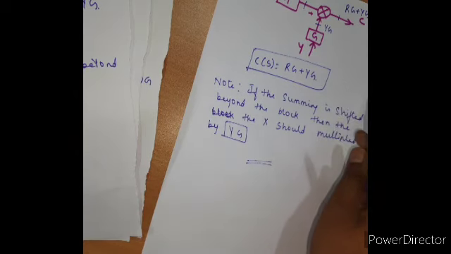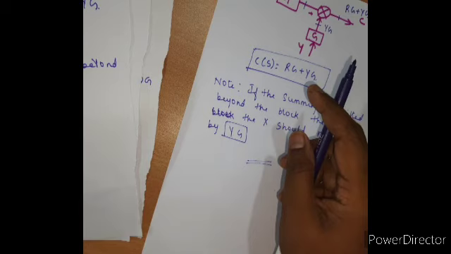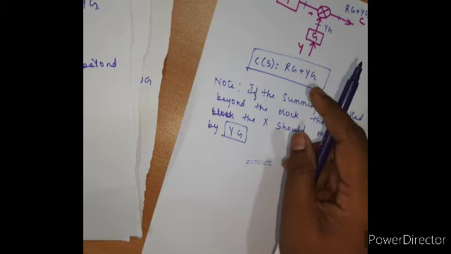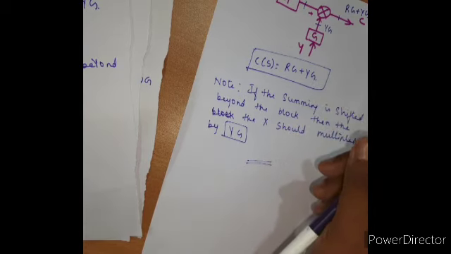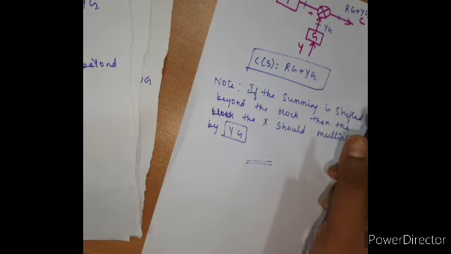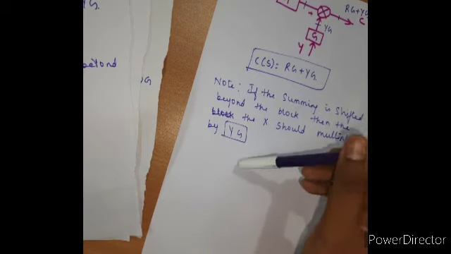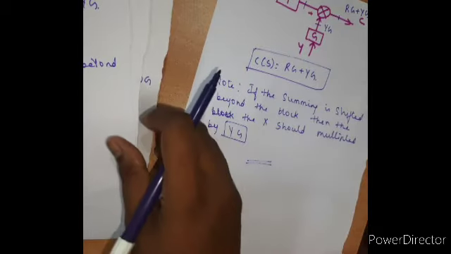So if the summing point is shifted behind the block, the block should be multiplied by 1 by G. If the summing point is shifted beyond the block, then the block should be multiplied by a gain of Y into G. This is about rule number 5.